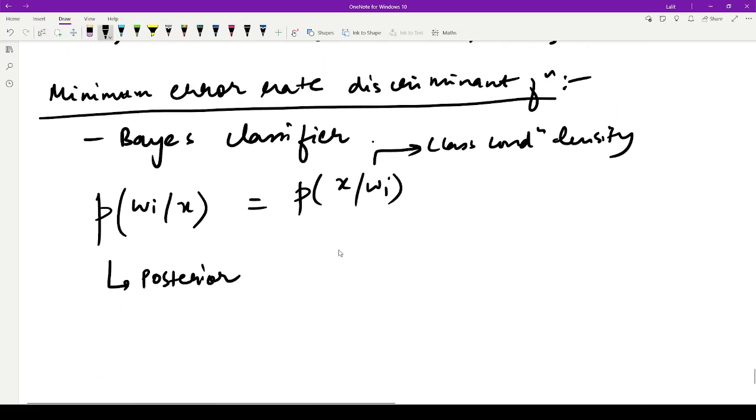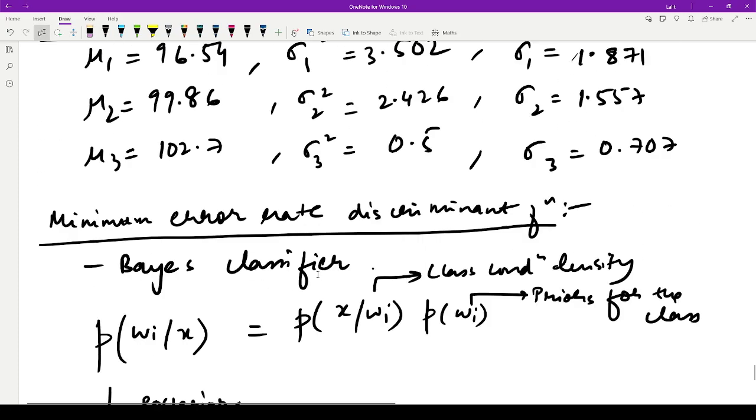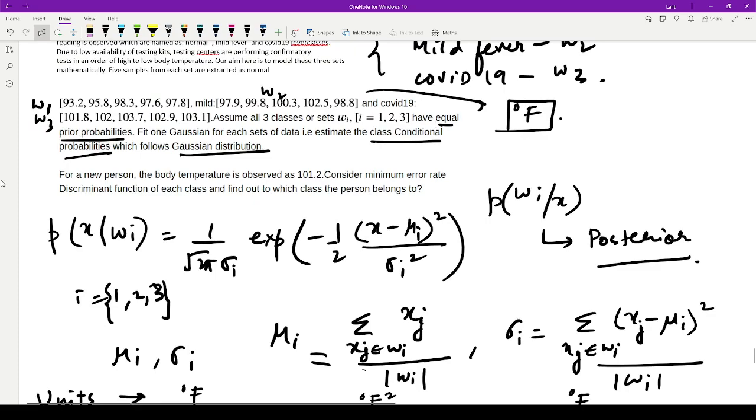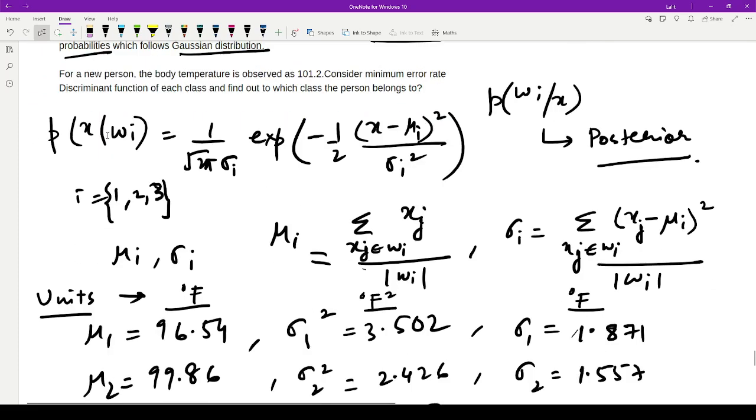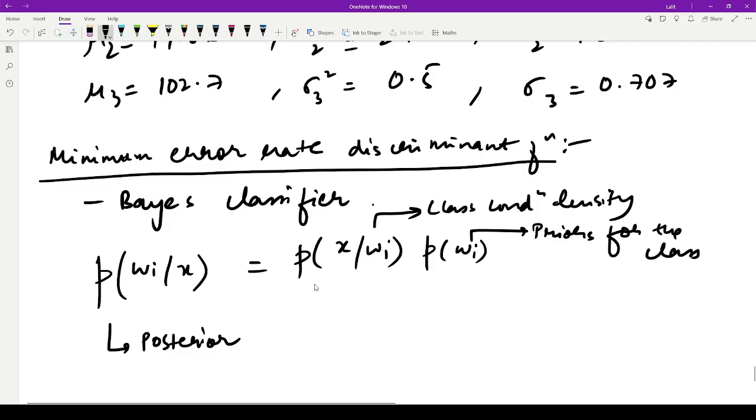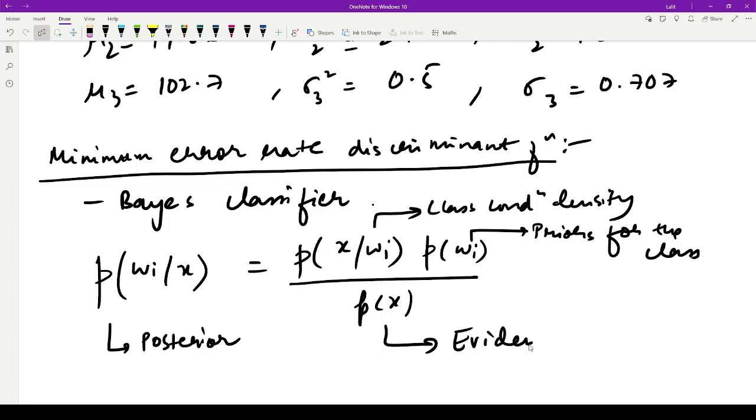And once this is done, we have priors for the class, which is given to be of equal probability. So that means all of them will be same. And this is the evidence, which is not really required for the classification.